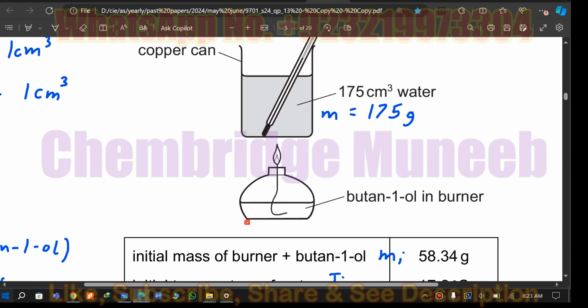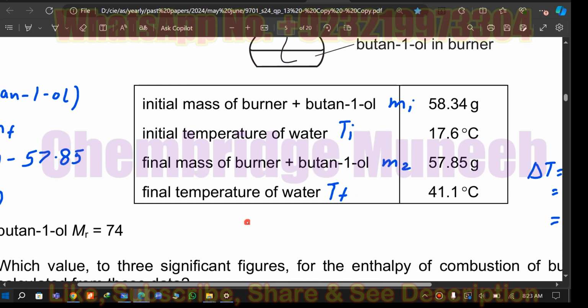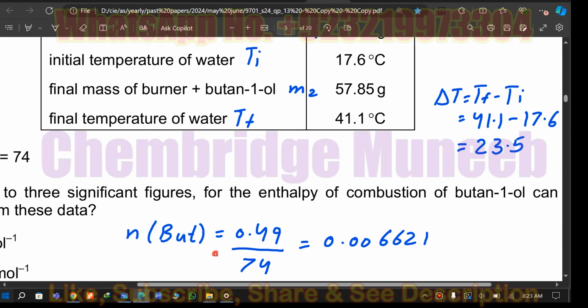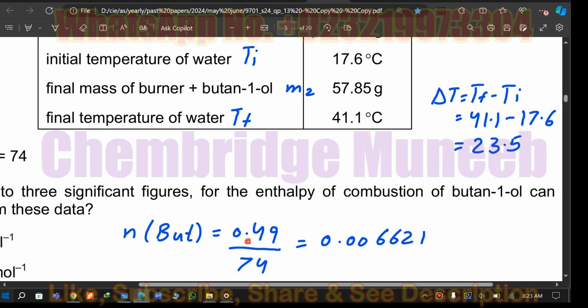To find the number of moles, we should know its Mr value, which is given here. So let's take its number of moles as well. The number of moles is mass over Mr value, it is this value 0.06621. So we have calculated the value of the mole as well.